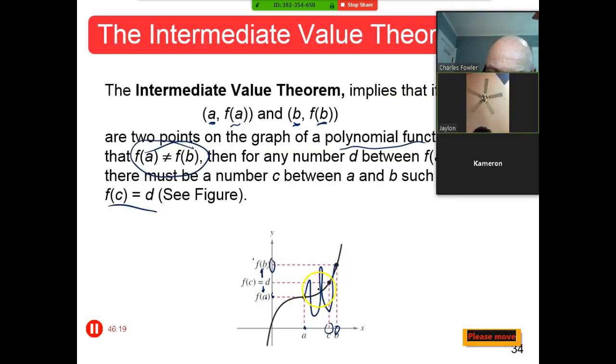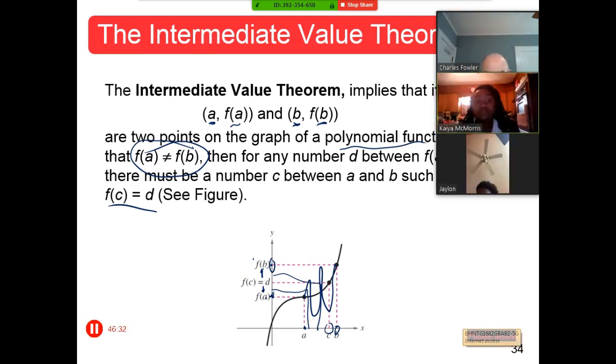Every value in between f of A and f of B, there is some value that gets you there. That's what it tells you. Does that make sense? Yes. All right. Good deal. Intermediate value theorem.